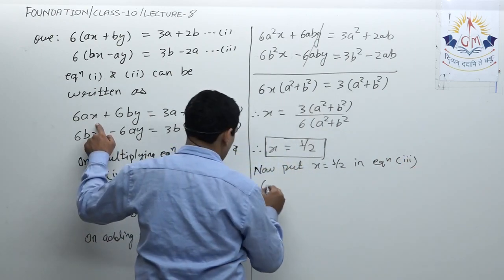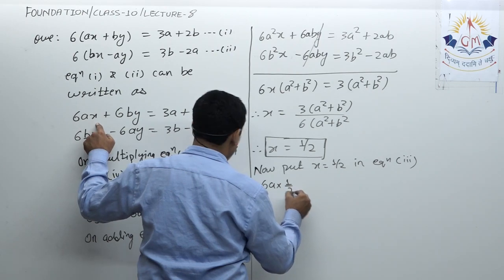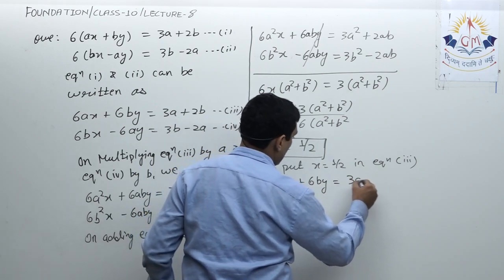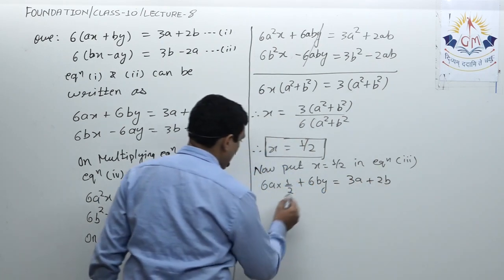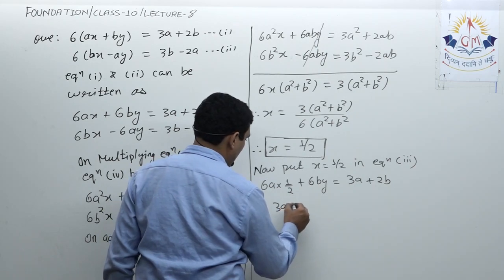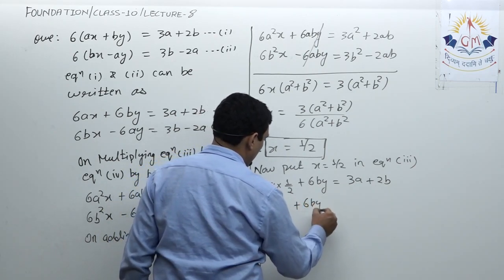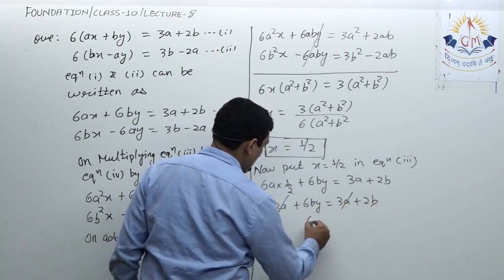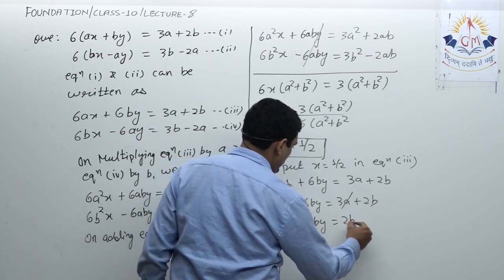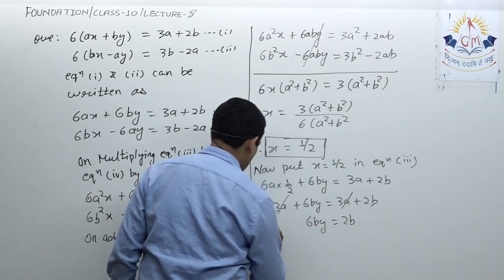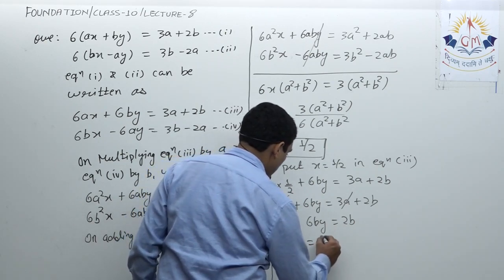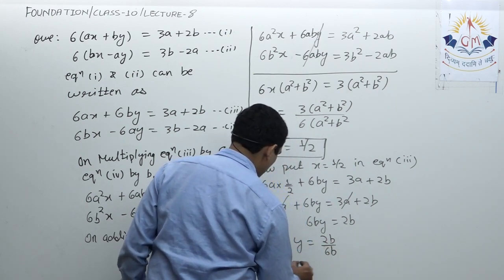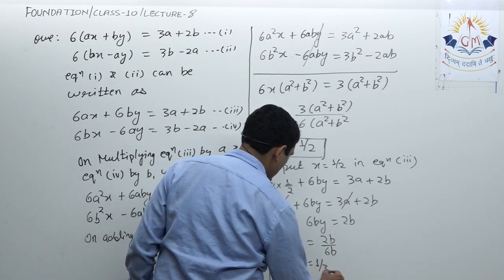So it is 6a, x is 1 by 2, plus 6by is equal to 3a plus 2b. So I will get 3a plus 6by is equal to 3a plus 2b. This 3a cancels. So 6by is equal to 2b. Therefore y is equal to 2b upon 6b. Therefore y is equal to 1 upon 3.